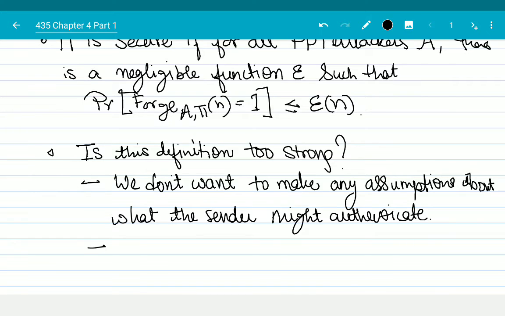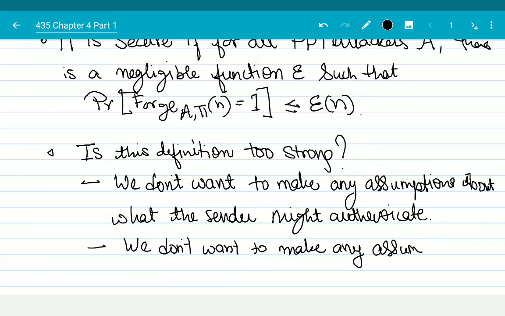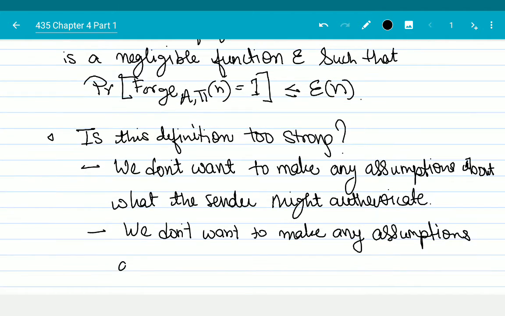We also don't want any assumptions about what forgeries are meaningful.